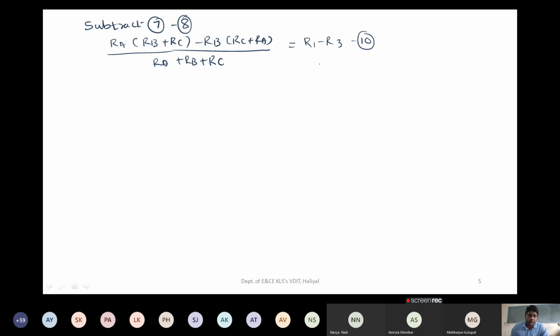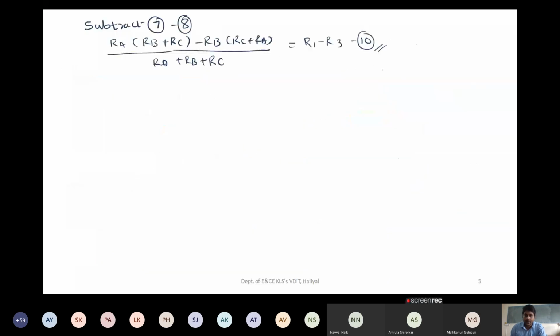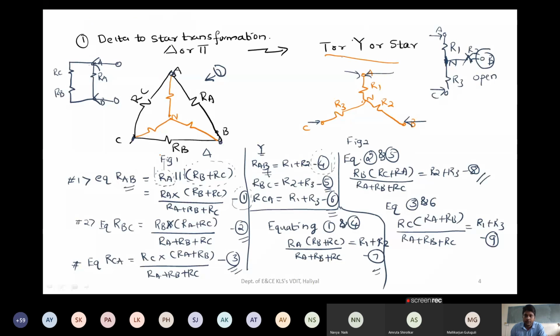Now you should select this result along with one of the results here, 7, 8 and 9. What we have here is R1, R3. So look into one of the equations, either equation 7, 8 or 9.